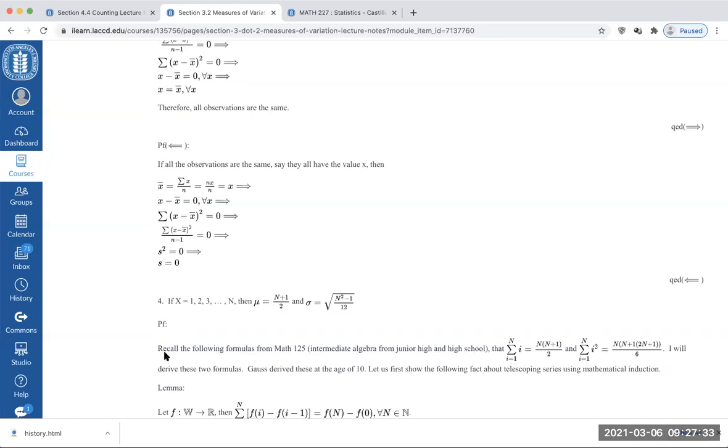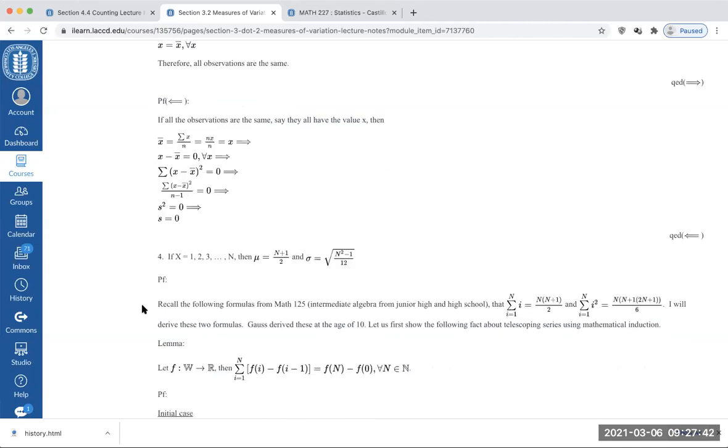These are formulas from Math 125. This is some stuff that you should remember from junior high, and they also repeat it in high school. The following formulas.